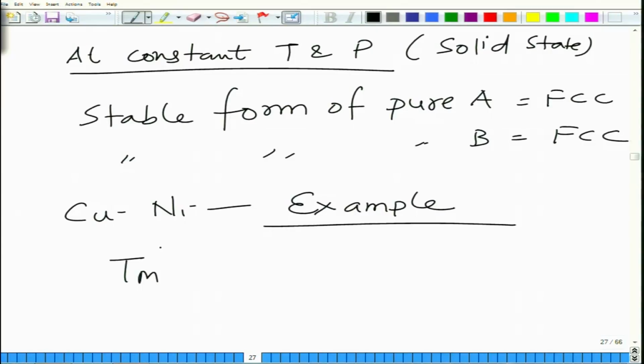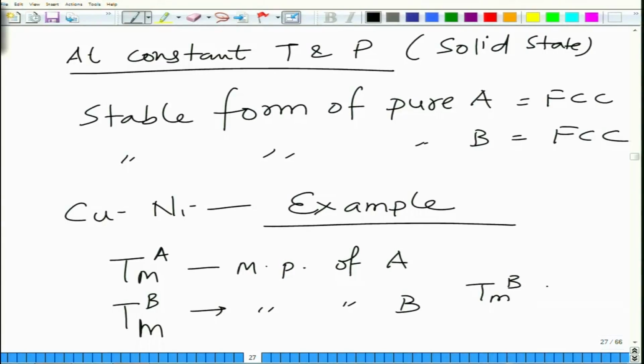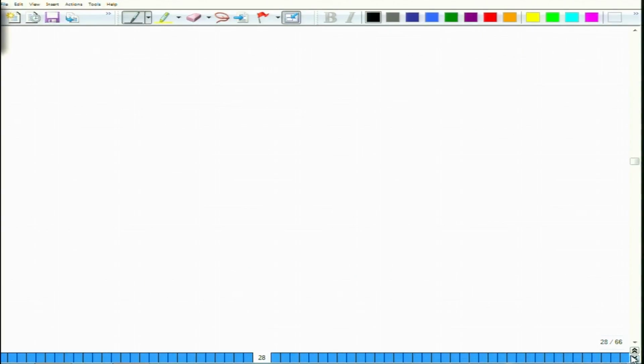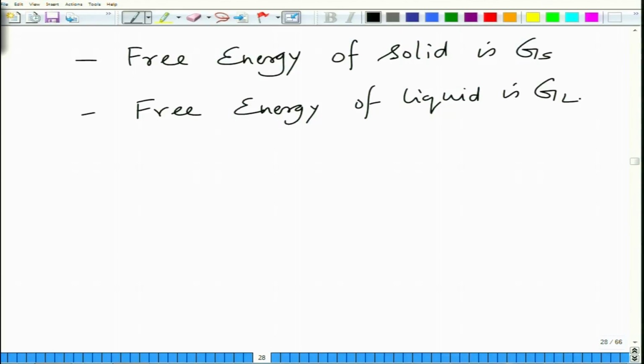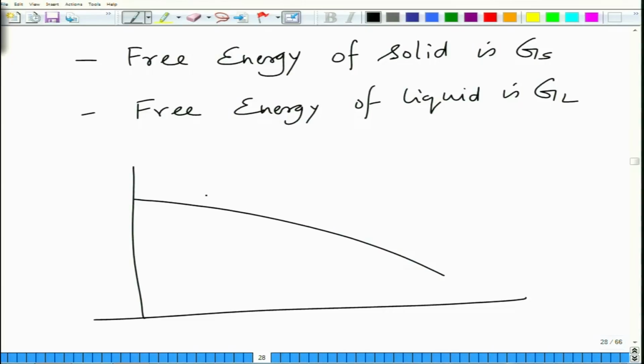The melting point of A is T M A, the melting point of B is T M B, and let us say that T M B is lower than T M A. And let us say the free energy of solid is G S, and the free energy of liquid is G L. We know that the free energy of solid goes like that, and the free energy of liquid drops even further.